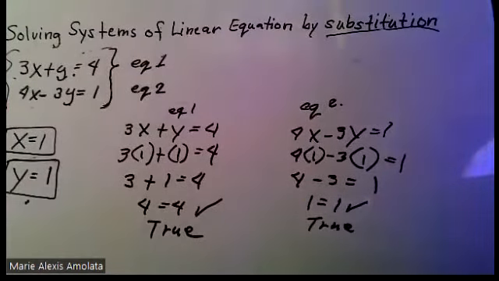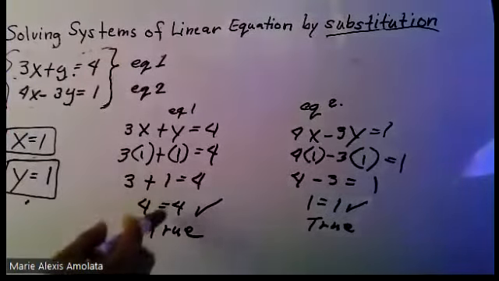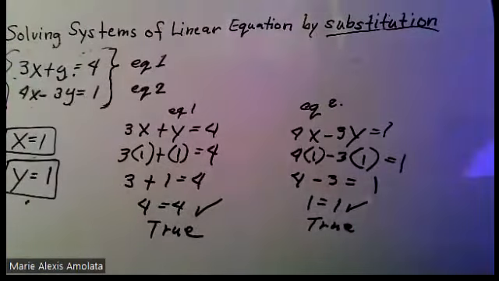So this proves na tama yung solution natin. Kasi ang ating solution ay correct, kasi equal yung kinalabasan niya. Pag hindi naging equal yan, ibig sabihin mali yung solution set natin.